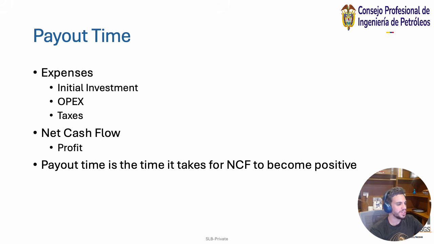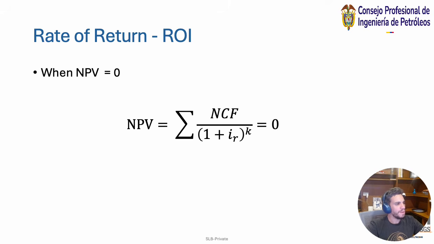At the beginning of the project, you're spending and there's no profit, and then at some point you'll start to profit, but you haven't made up all your debt yet. There's a point in time where your net cash flow will go to zero, and the second it starts to become positive, that is when you've paid out your expenses and you can move to a positive net cash flow. That is what the payout or payback period is.